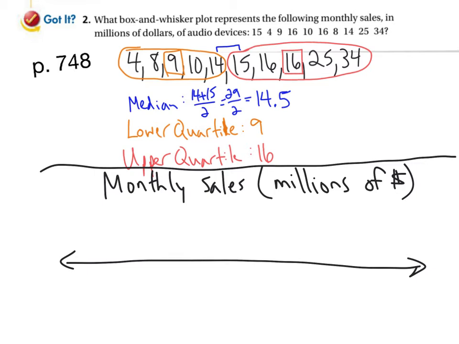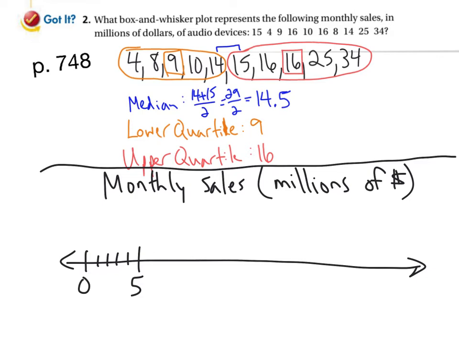And again, we don't have to get to 0 on our number line, but we do need to at least see up from 4 to 34. It's up to you how you want to do this. I think maybe I will start at 0. And I'm going to go by 5s, but I'm just going to put little marks in between. Okay?